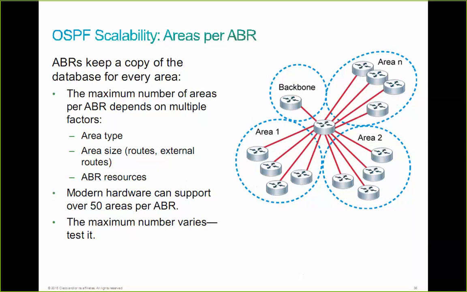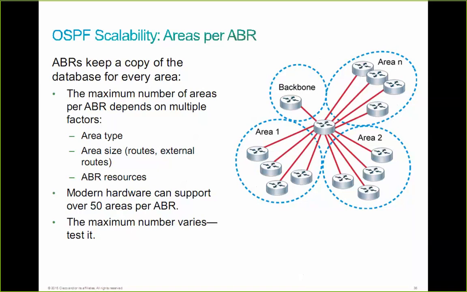Now, we talked about this a little bit before the break, about a general recommendation, but it just depends. It depends on the type of areas that are connected to that ABR, how much CPU power the ABR has, the number of routes in the area, the number of external routers in the area, how many ASBRs might exist, and so on. All right.